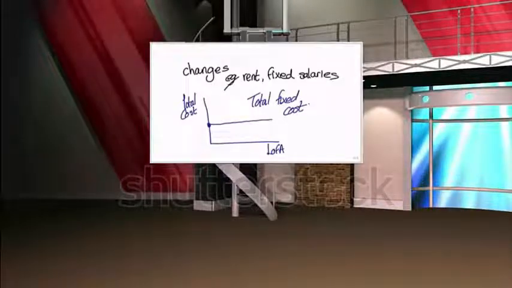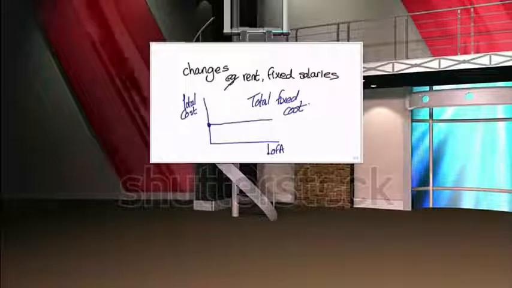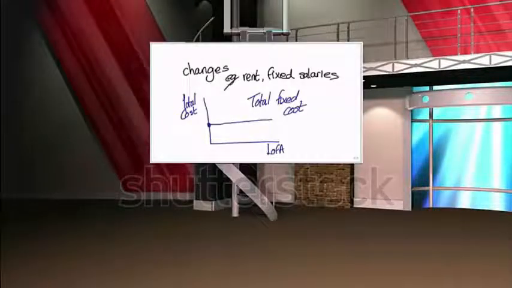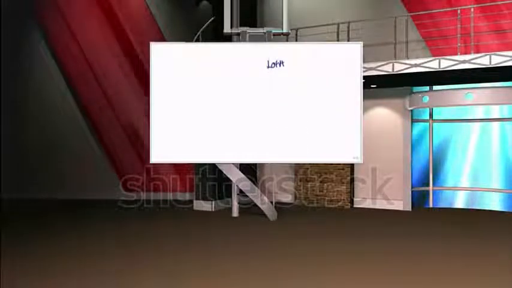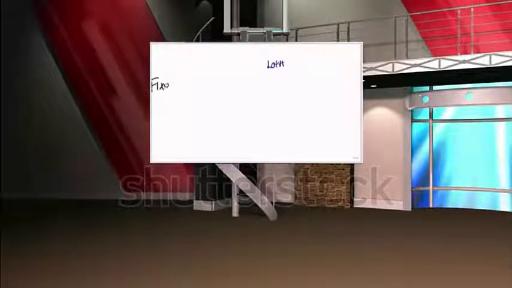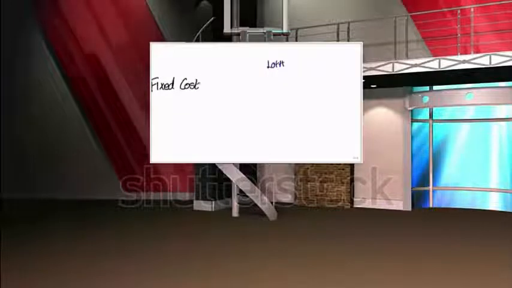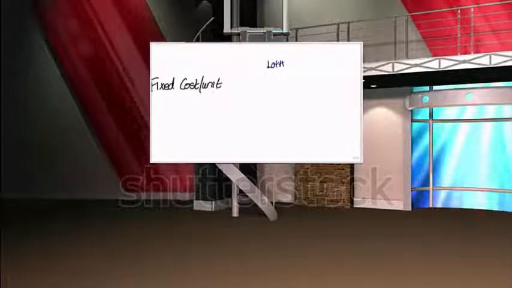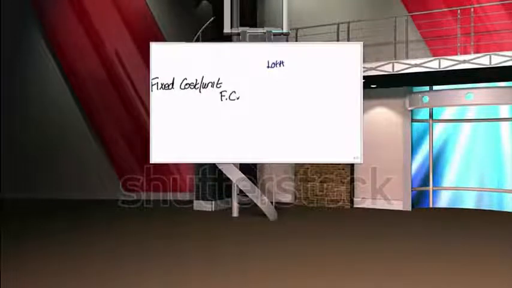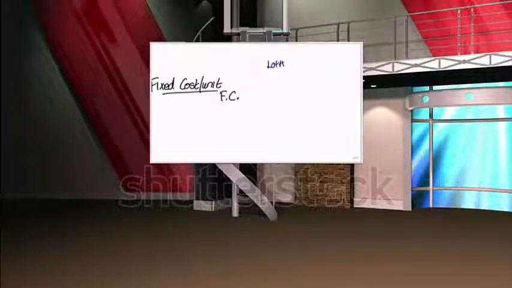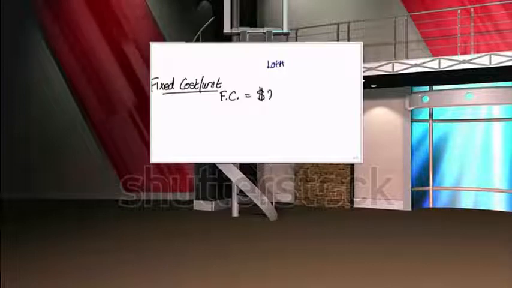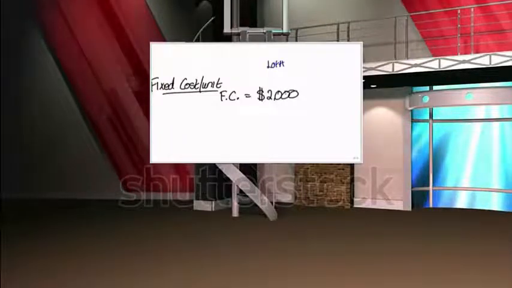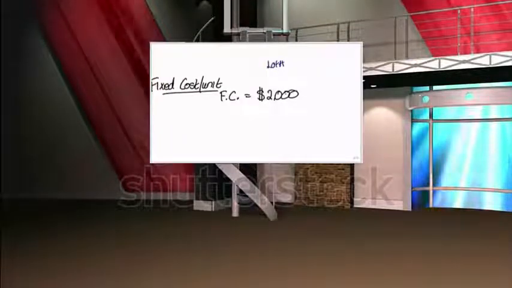The next thing we want to consider is our fixed cost per unit. Let's say, for example, a company's fixed costs are $2,000 for a particular period.